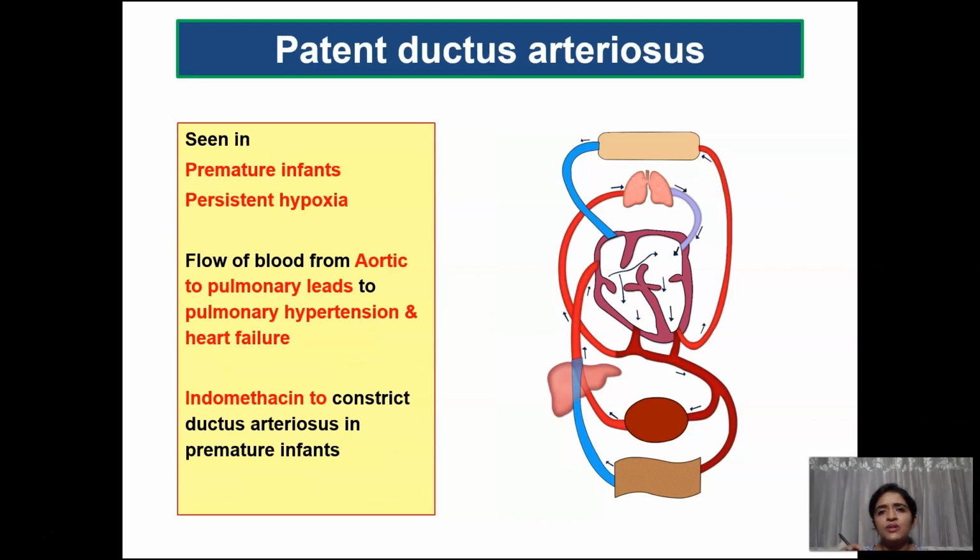Now there is a condition known as patent ductus arteriosus. Patent ductus arteriosus, or PDA, is a condition where the ductus arteriosus remains patent. That means it is allowing blood to flow between the pulmonary trunk and the aorta. Before birth we know the ductus arteriosus results in flow of blood from the pulmonary trunk to the aorta.